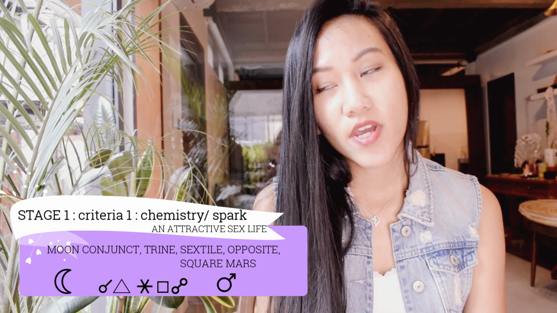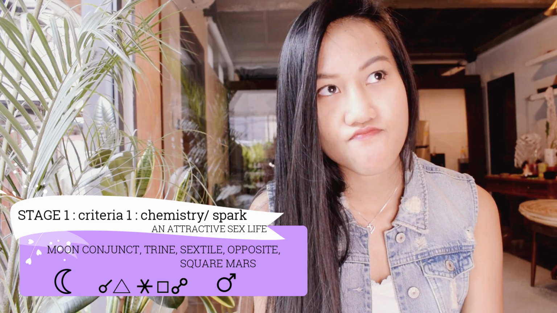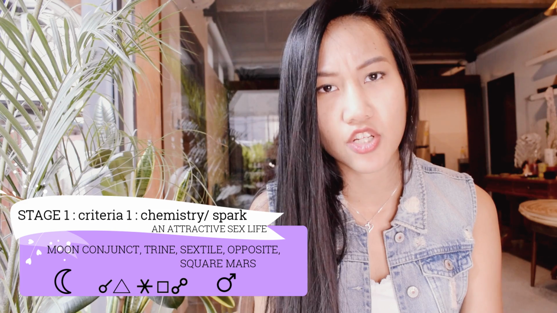You can also look for Moon in a conjunction, sextile, trine, opposition, or square to Mars. With the easy aspects, I think we can consider the conjunction to be pretty blendable.